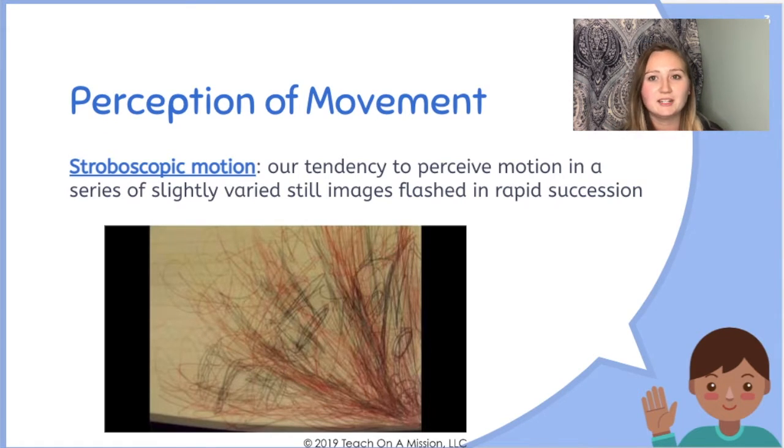If you've ever seen a flip book, basically how that works is they draw a series of still images in rapid succession, and then they flip through them in a way that makes the images look like they're moving. And so your brain is piecing together all of the different pieces, right? And it's filling in the gaps where it looks like there's no movement. And so it looks like this one continuous motion.